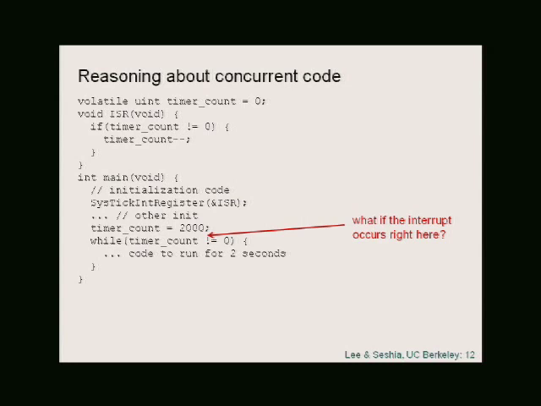If we disable interrupts at the beginning of the ISR, and we're running the ISR itself, there could very well be other timer interrupts that are raised when the timer expires, but the interrupts are disabled, so the code will not react to them. So in fact, 2 seconds could elapse, and you would have only decremented timer count once. Okay, so that's a problem.